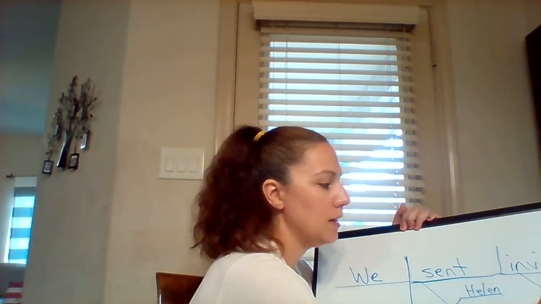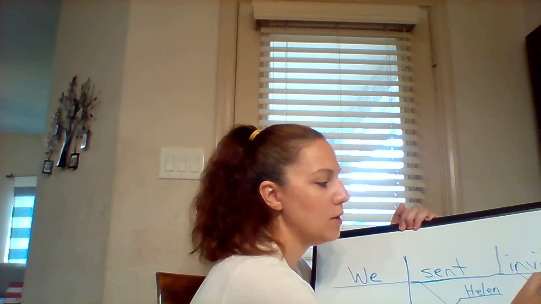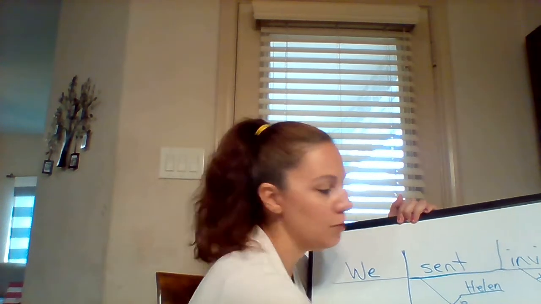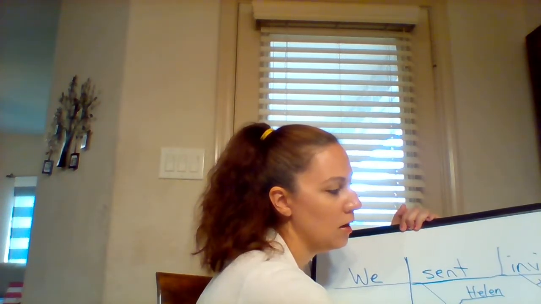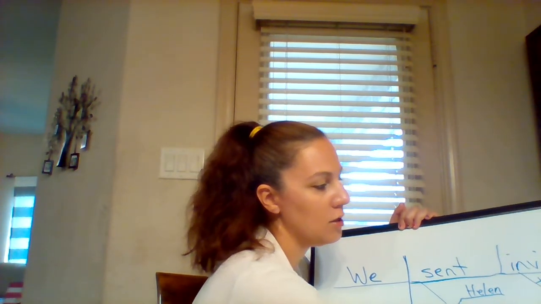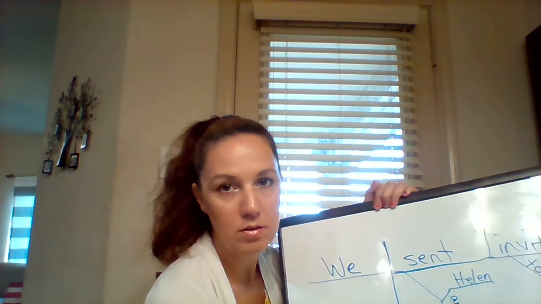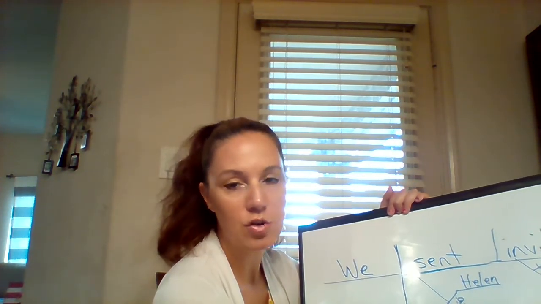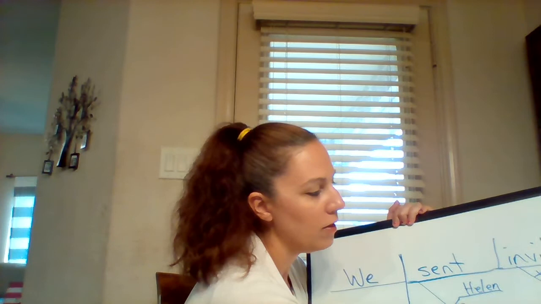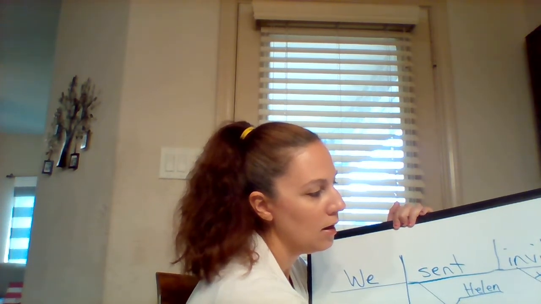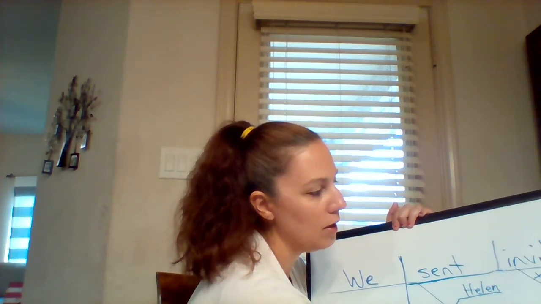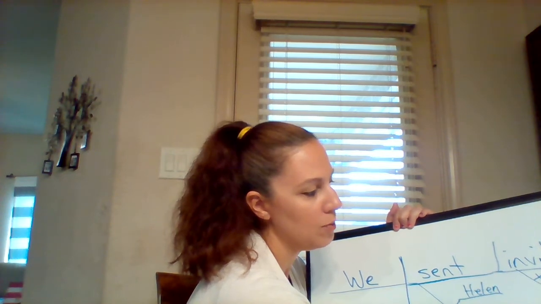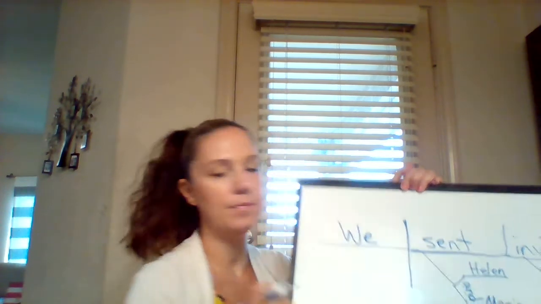So I'm going to put my slanty line. To is the preposition. The object is party. The object of your preposition is going to be a noun. Okay? To the party. Everything else is describing the party. So we have the party and we have Halloween party. Those are both describing what kind of party.